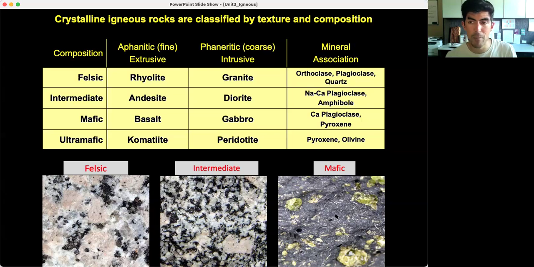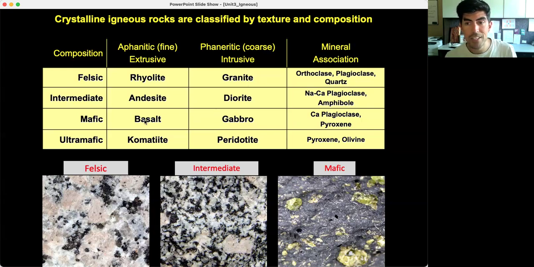You've probably heard of granite before, but you might not have known that it is really only limited to those magmas that are felsic in nature, rich in silicon and oxygen, and that cooled slowly inside the earth. This is an example of a granite.